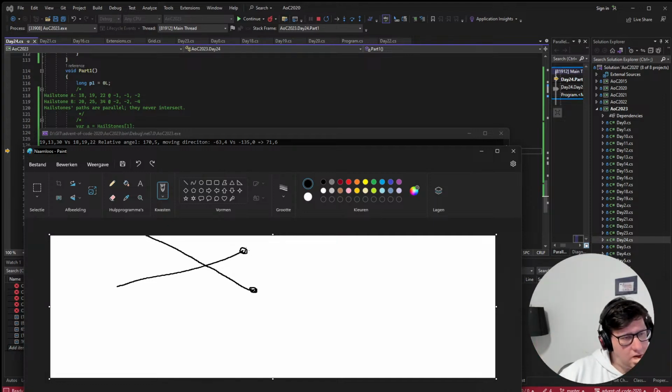So how can I determine this stuff? Let me think. Is it like the difference has to be less than 90 degrees or something? No, because if they were inverted, they would still shoot away from each other.